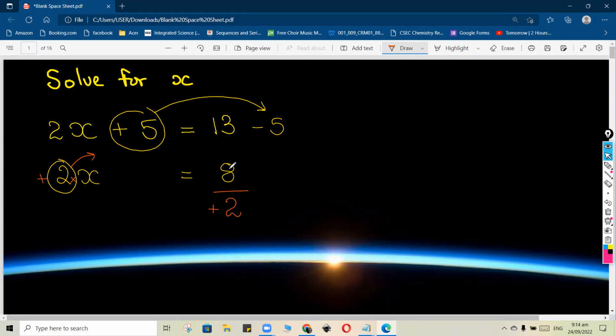So +8 divided by +2, and this is how you write your final answer. At the end of the day, X ended up on one side by himself. So the answer is X is equal to 4, but you have to write it exactly like this.